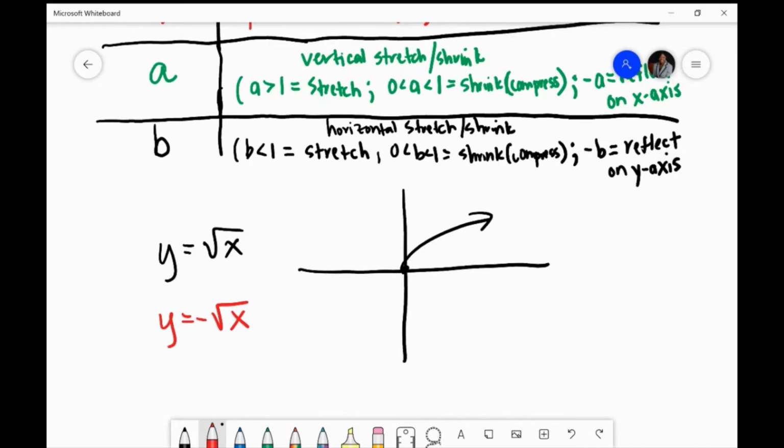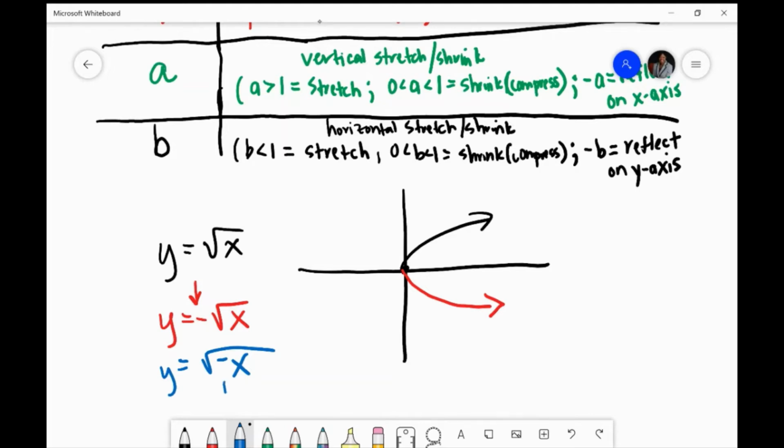If it was negative on the outside, it reflects over the x-axis. Yeah, it'll be down here. And let me change it again. What if it's a negative on the inside? Do you see the difference?